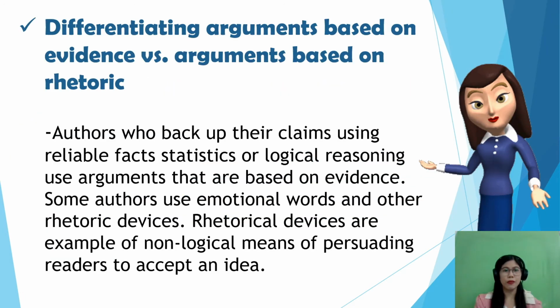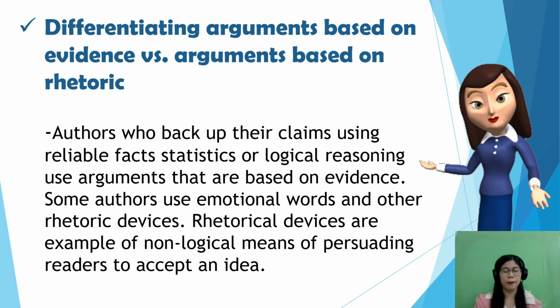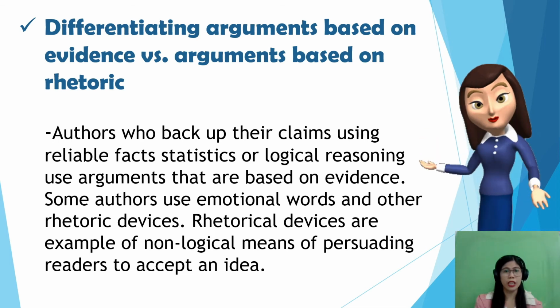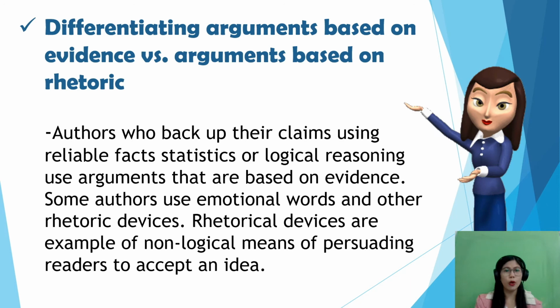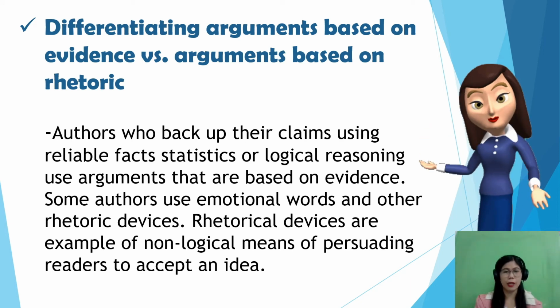Next is differentiating arguments based on evidence versus arguments based on rhetoric. Authors who back up their claims using reliable facts, statistics, or logical reasoning use arguments that are based on evidence. Some authors use emotional words and other rhetoric devices.